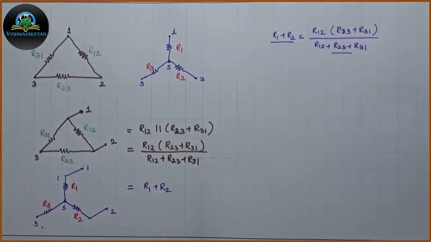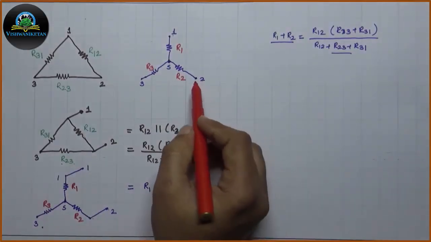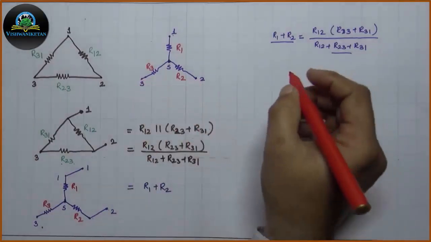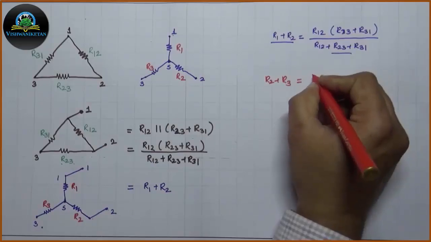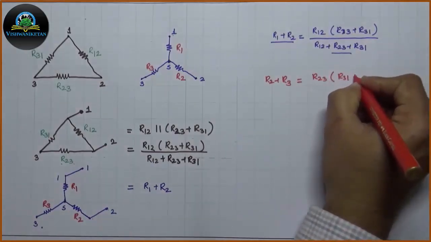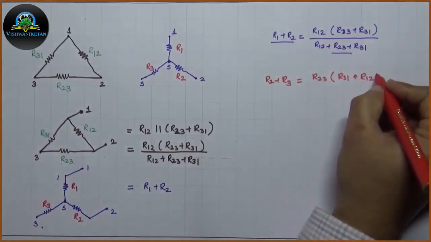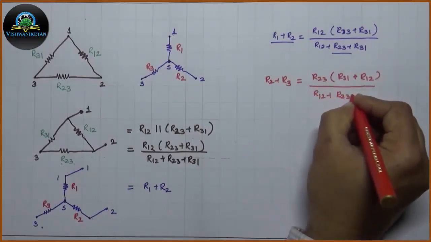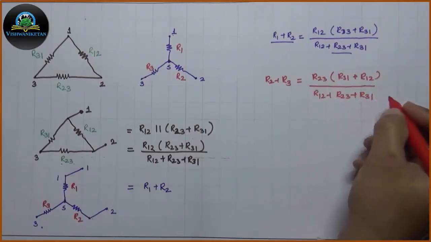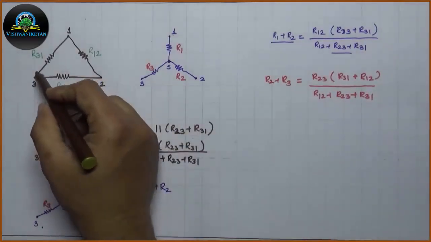The equations for other terminal pairs are for 2 3, then for 3 and 1.